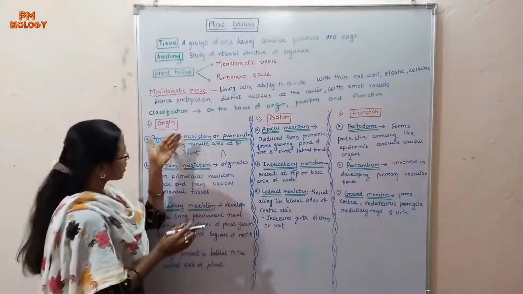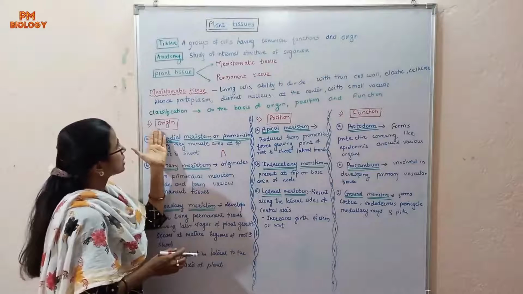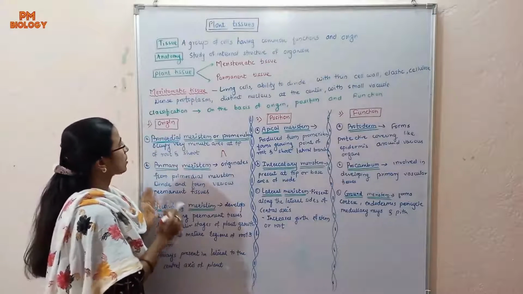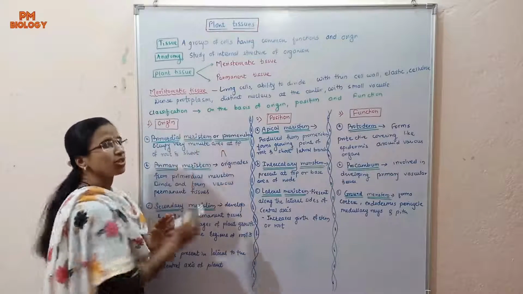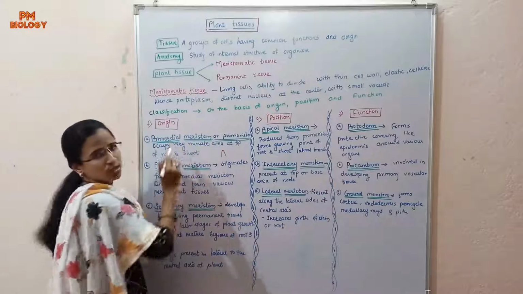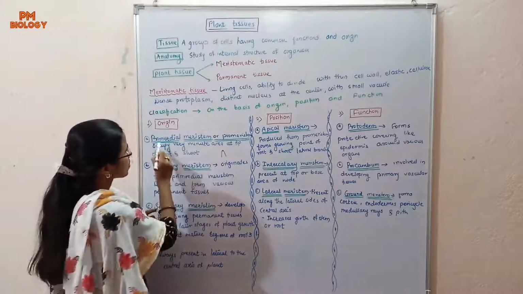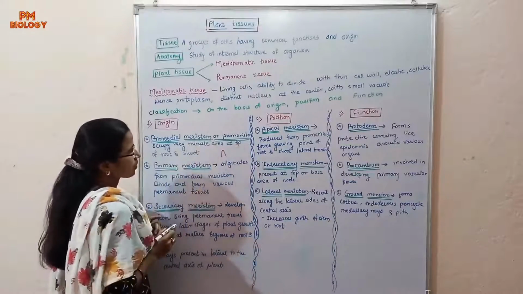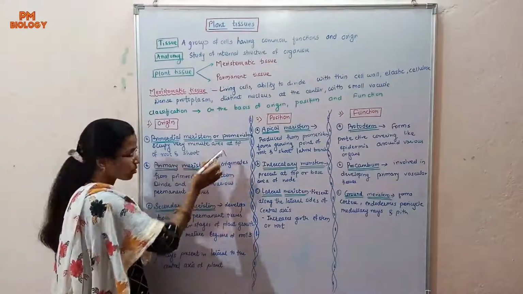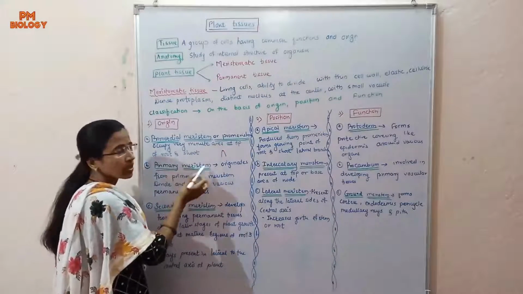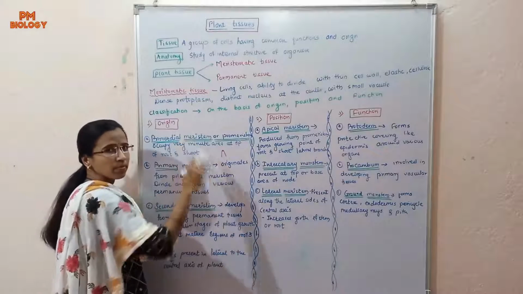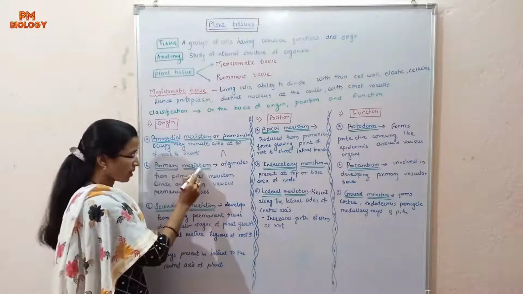So laterally, whatever area is present, that is made up of the secondary meristem. Okay. So here we have seen the classification of the meristematic tissue on the basis of their origin. First is primordial meristem or promeristem, present at the tip of the root and shoot. Primary meristem, when these primordial meristem divide, they will form primary meristem.